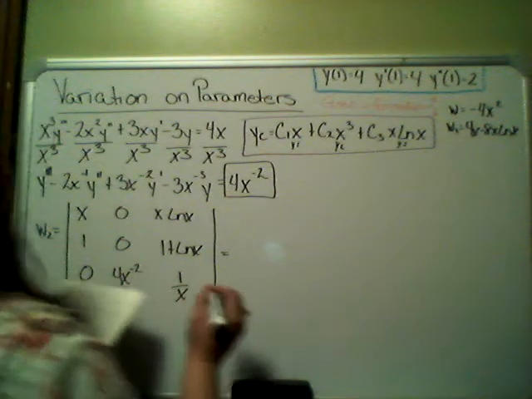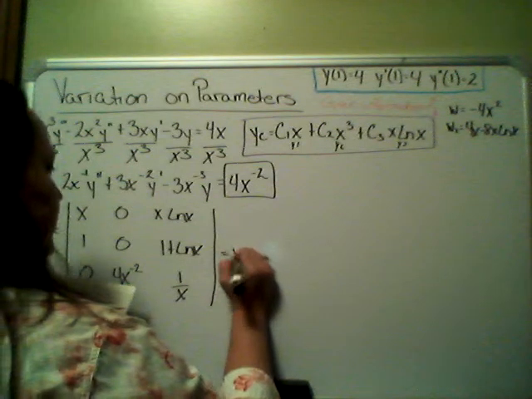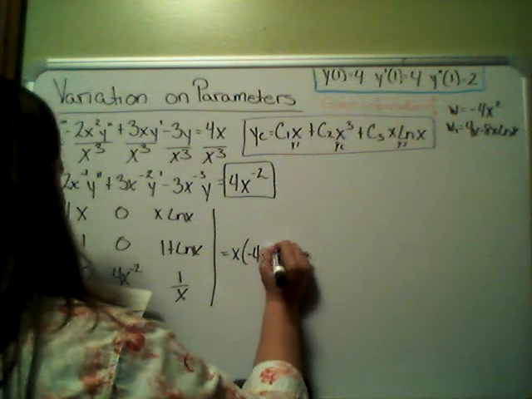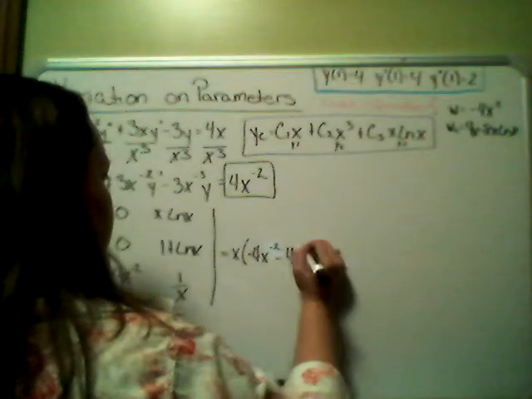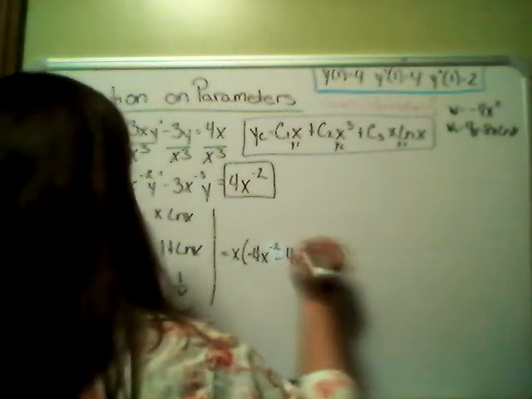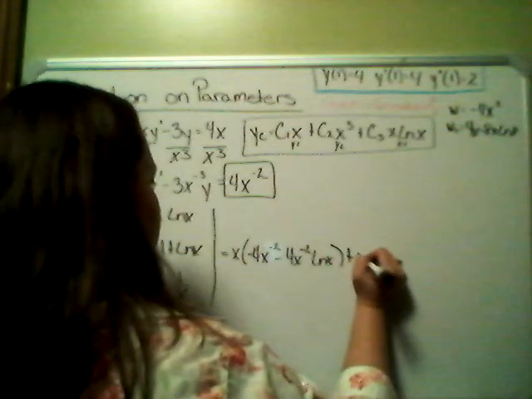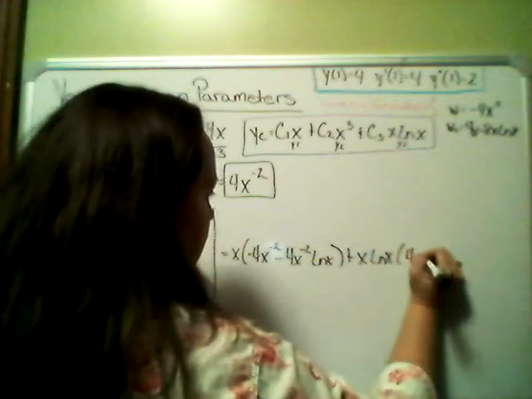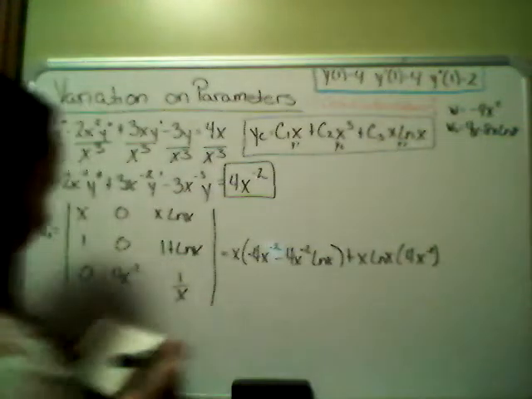For this, we get x times minus 4x to the minus 2 minus 4x to the minus 2 ln x, for the same reason as last time, plus x ln x times 4x to the minus 2.